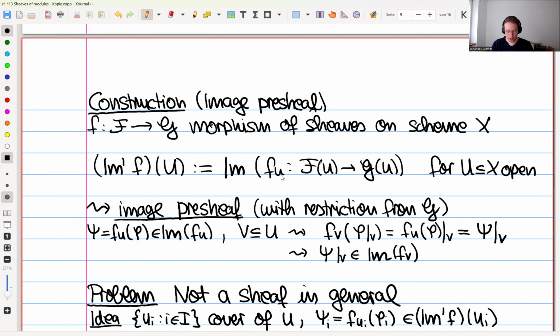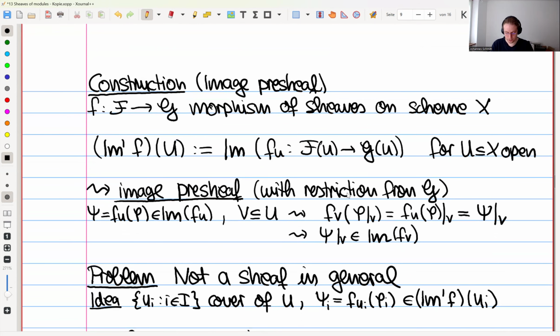We take the image of this restricted morphism here. This is called the image presheaf, and it has a presheaf structure with the restrictions coming from G. And the presheaf part is actually not a problem, because if you have psi given by fu of phi in the image presheaf, so in other words, in the image of this fu, then for any open subset V inside U, we just do the exact same trick.